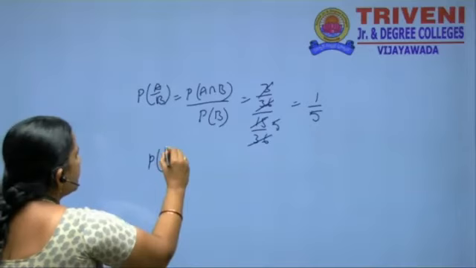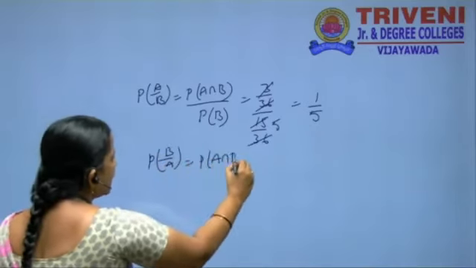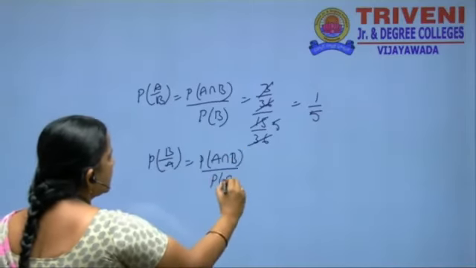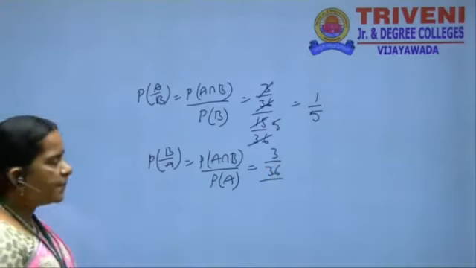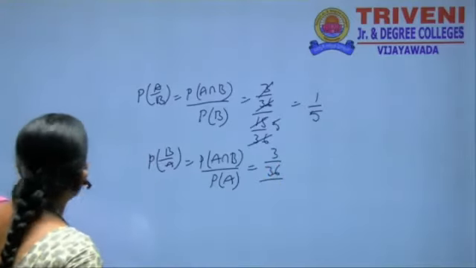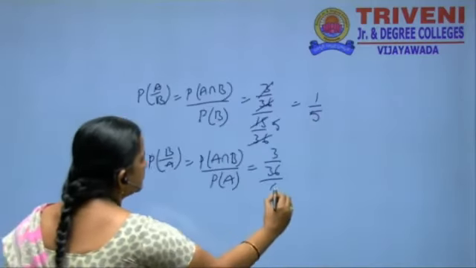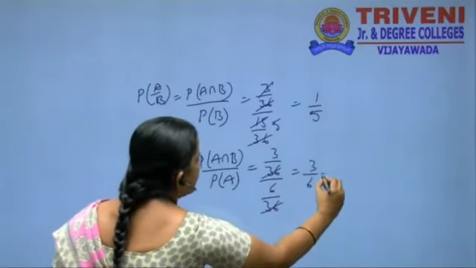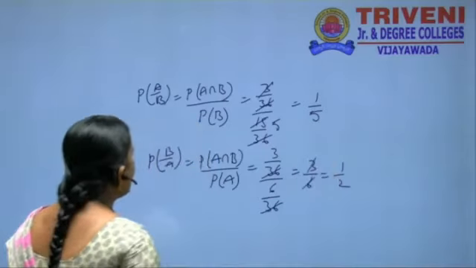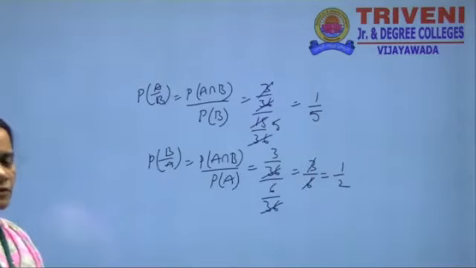And P of B by A, also by using the multiplication theorem, is P of A intersection B by P of A. P of A intersection B is 3 by 36 and P of A is 6 by 36. 36 cancels, 3 by 6, that is equal to 1 by 2. The value of P of A by B is 1 by 5, and P of B by A is 1 by 2. Okay, thank you. We are continuing in the next class.